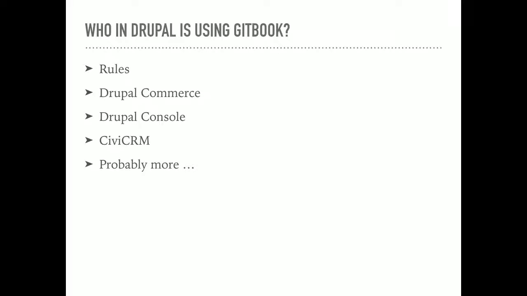Because the real interesting thing that I wanted to talk about, this is basically like a formalized BOF, okay? I just really want you guys to interact with me, and we'll get there in a second. Gitbook has, like I said, exploded. I've been in the Drupal community since 2007. Drupal 5 was going away, Drupal 6 was coming on board.